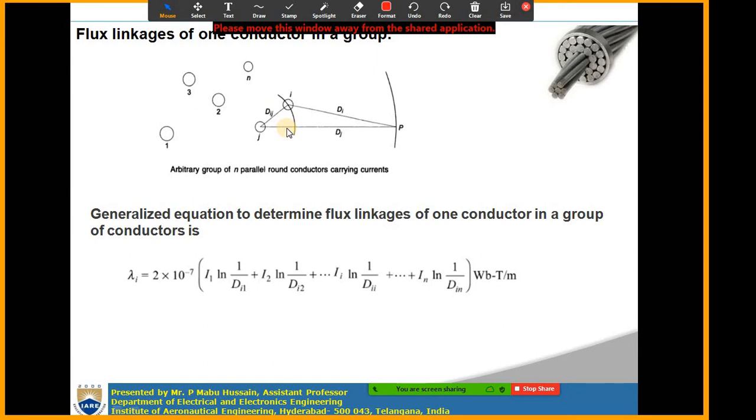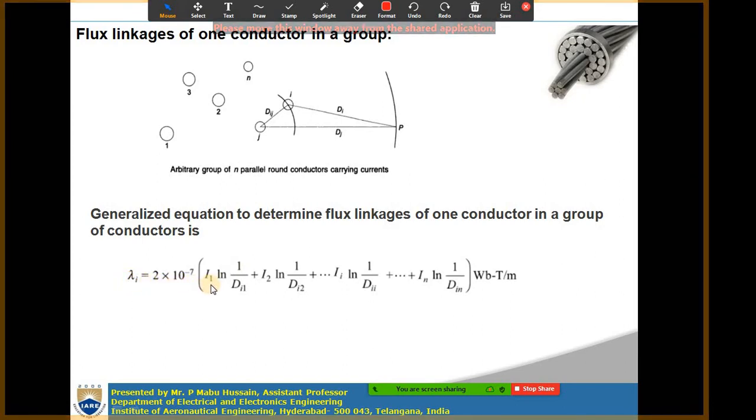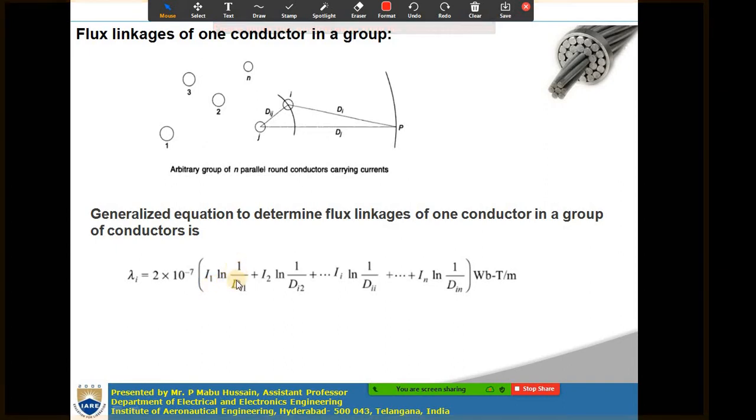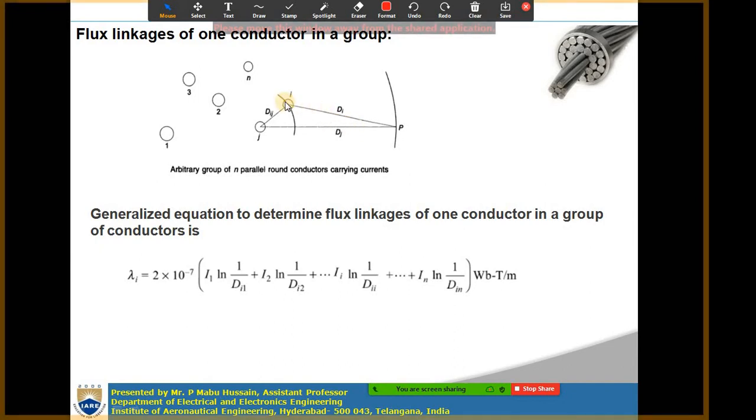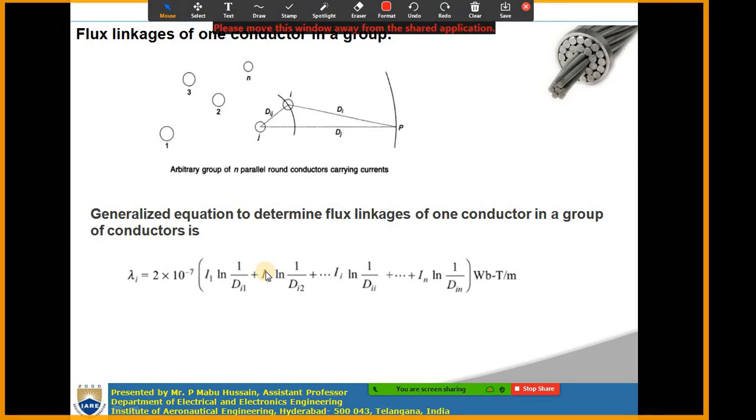Now you are going to derive the expression for the flux linkages of one conductor in a group of conductors. Take conductor i. If you develop the flux linkage equation, lambda i is equal to 2 into 10 power minus 7 times I1 ln 1 by d i1, where d i1 is the distance from the first conductor to the ith conductor, plus the flux linkage due to current I2, which is I2 ln 1 by d i2, and so on up to the nth conductor, In ln 1 by d in.